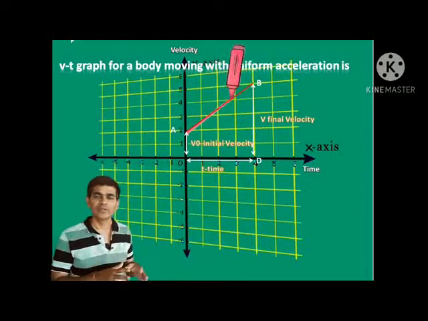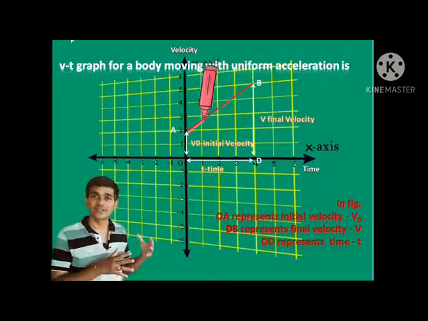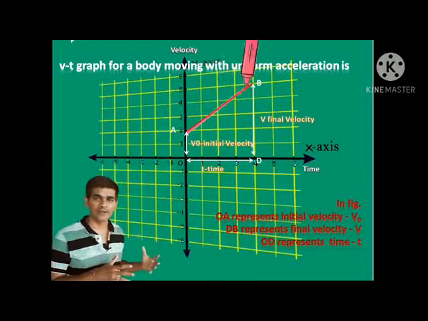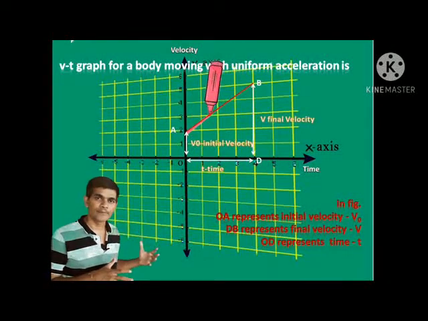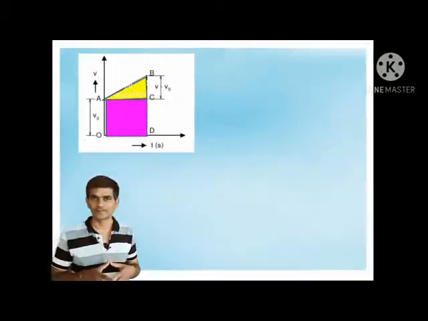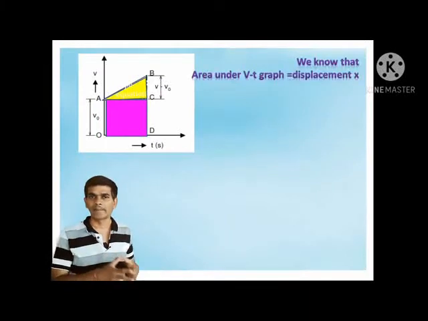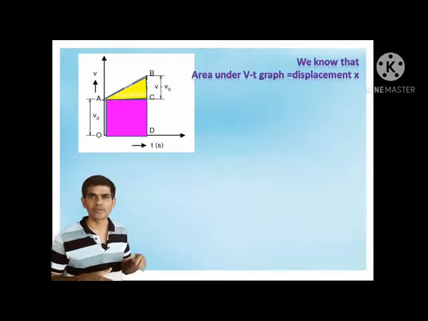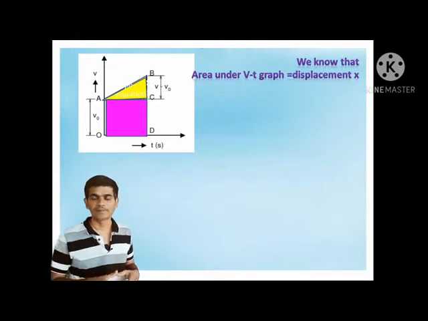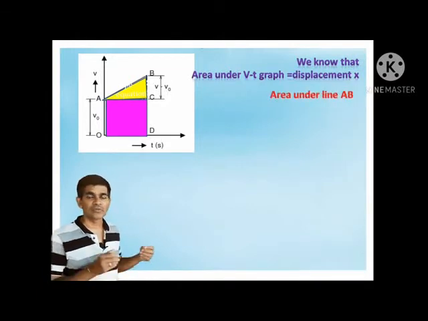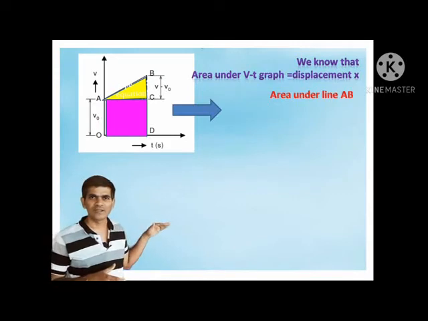Then we know that the area under this line AB always represents displacement. In the application of the velocity time graph, the area under the VT graph gives distance or displacement. Here, x is to be found from the area below the line AB.